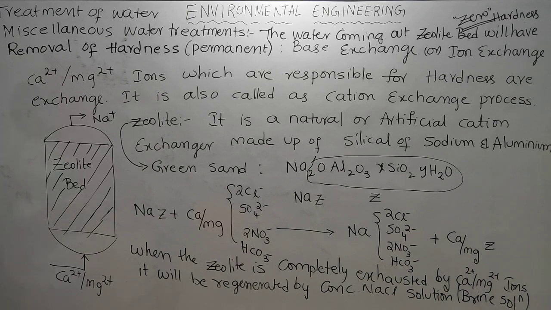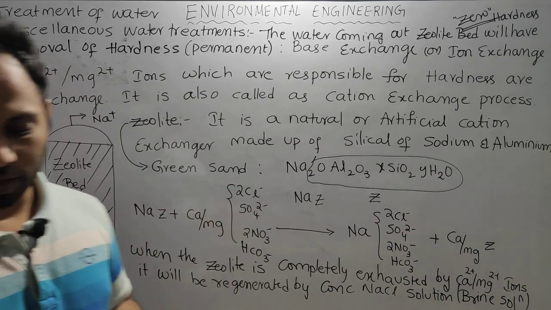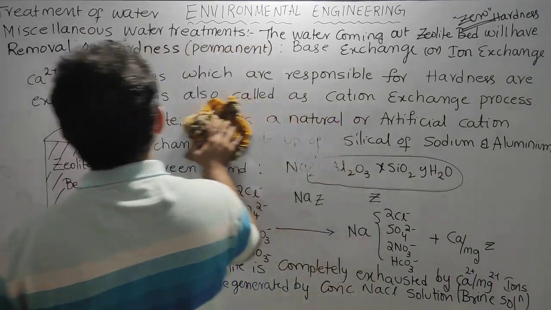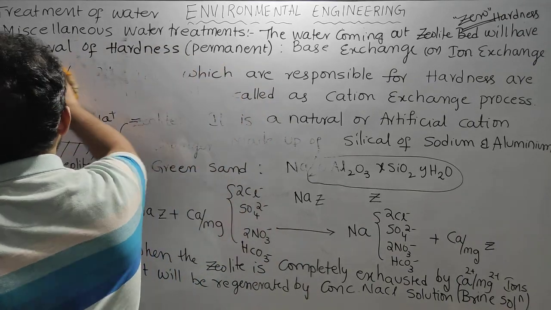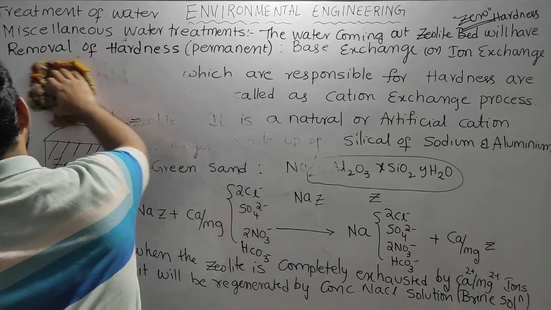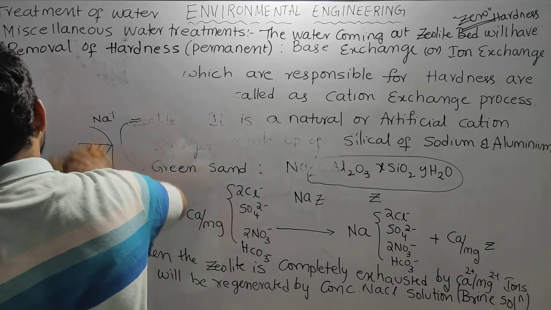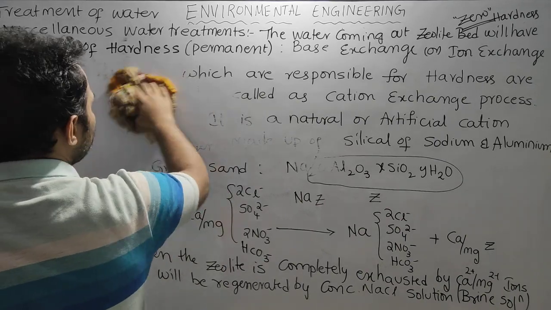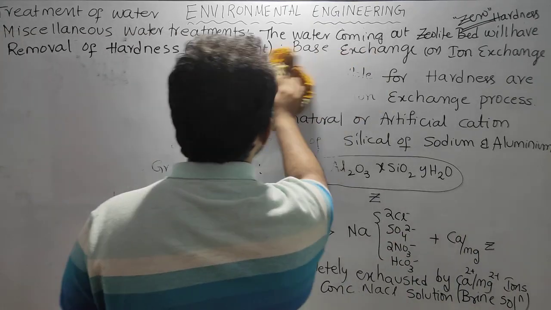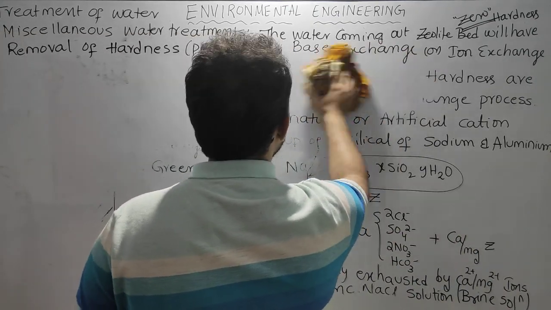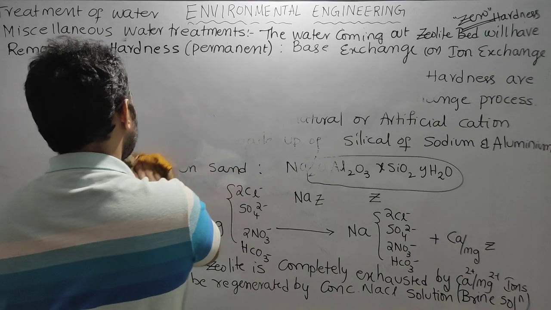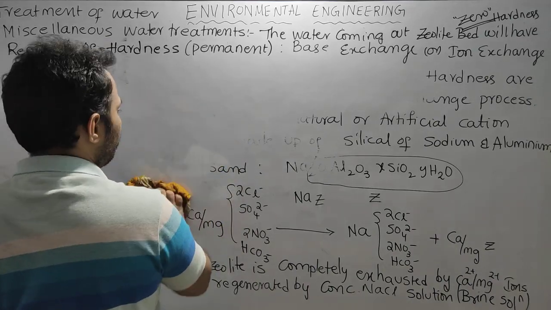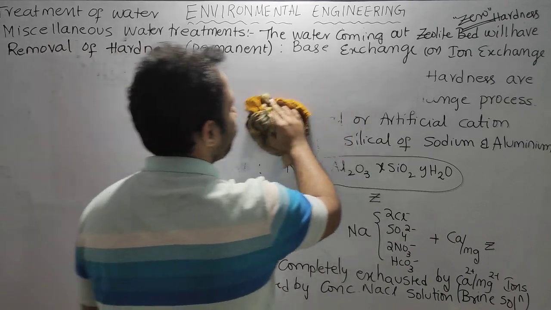But when the incoming hard water has high turbidity, for those kinds of turbid waters this method is not suitable, because the turbidity will choke the zeolite and does not let the water flow through the zeolite bed.